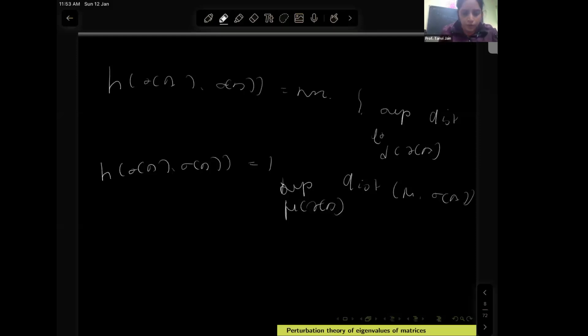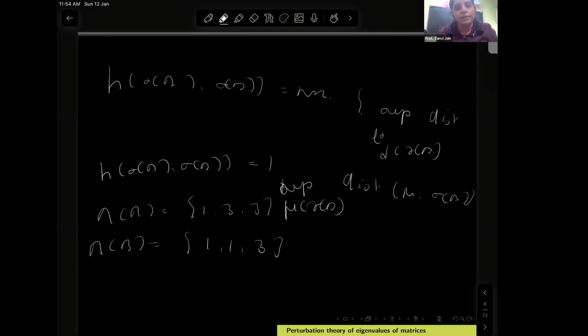I took this example to get an idea of how we calculate the Hausdorff metric. But see, if I take an even simpler example, lambda A to be 1, 3, 3 and lambda B to be 1, 1, 3, then sigma A and sigma B are both the same sets.